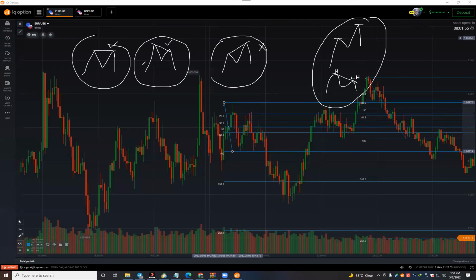In these 2 patterns, which pattern looks like a strong pattern? See here. The direction is pointing downwards, and the direction is pointing flat. Right? If it is pointing downward, it means it's very strong.